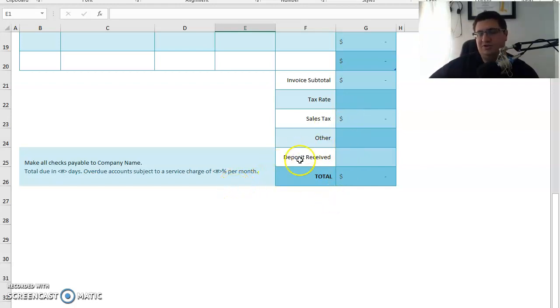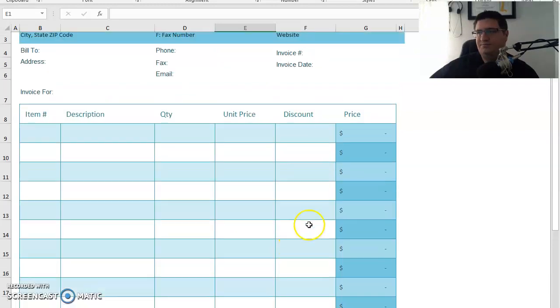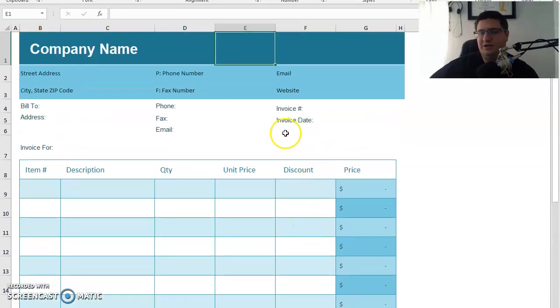This is usually what it looks like in QuickBooks, and in my QuickBooks series you'll see a little bit more about that. But it'll have make checks payable to company, thank you for your business, total due, and you have to put 30, 60, 90, whatever. But usually the net terms are going to tell you when they're on there.